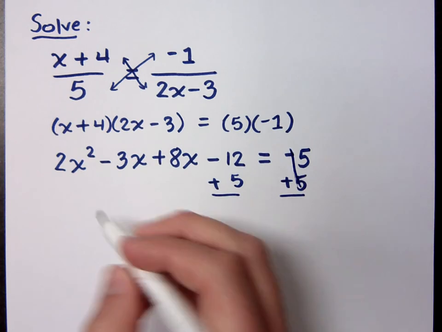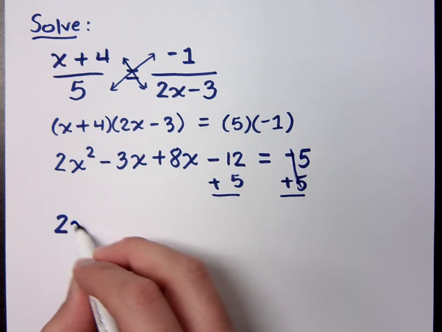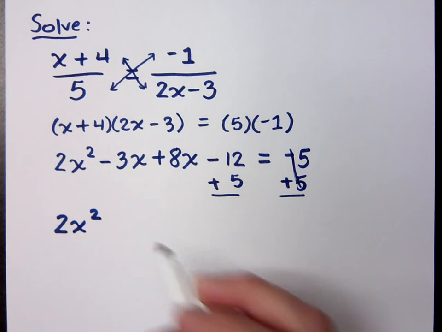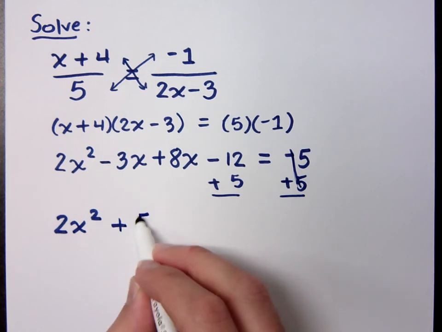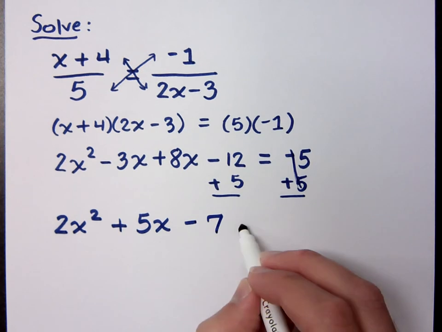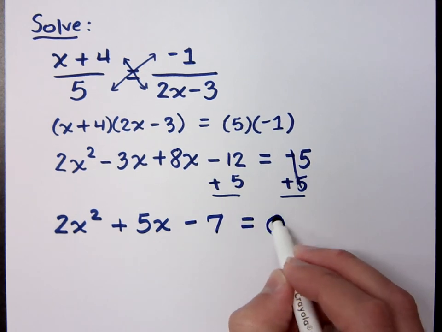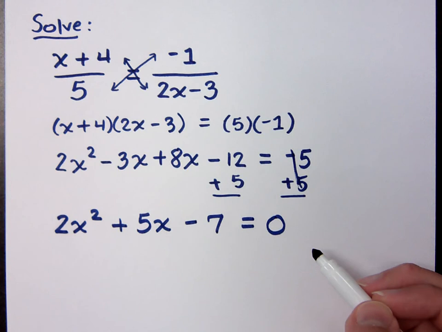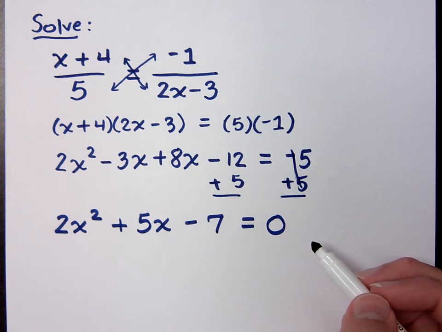So, combine like terms, what do we have? 2x squared plus 5x minus 7 is equal to 0. Now that it's equal to 0, we use what? Factor. Factor this guy completely.